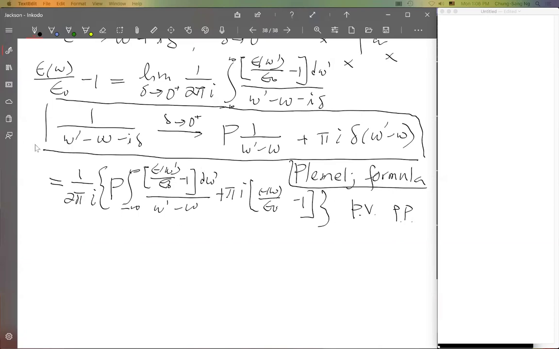You multiply this half by 2 and cancel this. So this function will be 2 times the first term. So you can write it just as 2 times pi I, principal part of the same function.